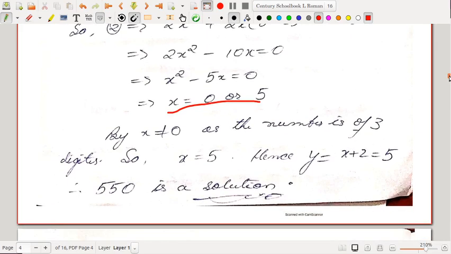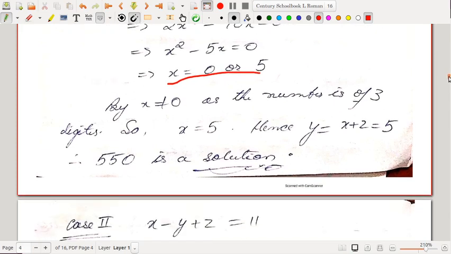From there y is equal to x plus z, that is y equal to 5. So 550 is a solution. You can just check: 5 square plus 5 square plus 0 square is 25 plus 25, that is 50. 50 into 11 is 550. So it's 11 times the sum of the squares of its digits.